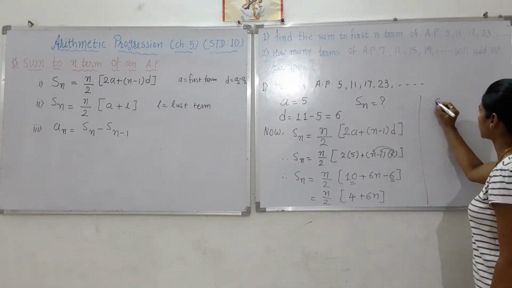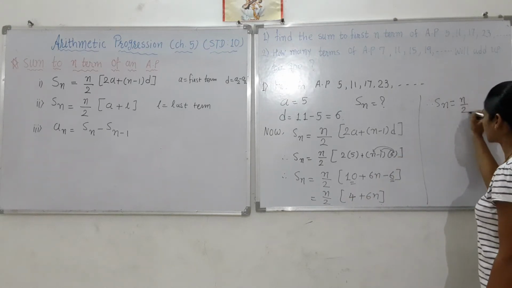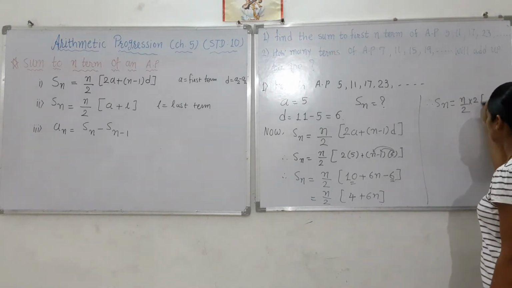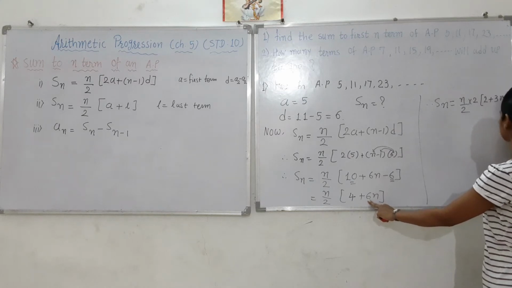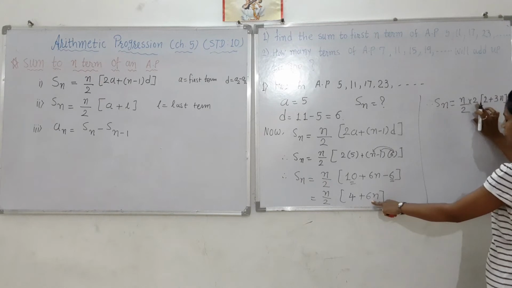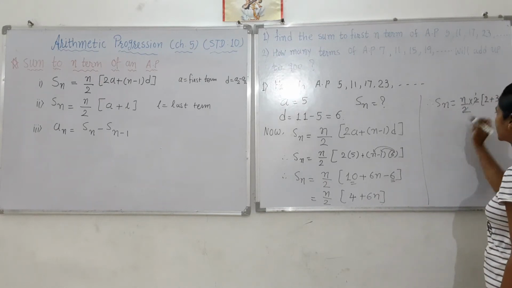So your Sn is equal to n by 2. Take 2 outside from these two terms. So remaining here 2 2s are 4 plus 2 3s are 6n. That means 2 is taken out from this term and this term, and the remaining is written here. So 2 ones are 2 and will be cancelled.